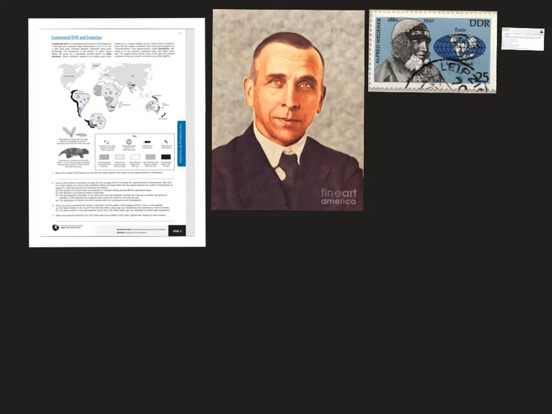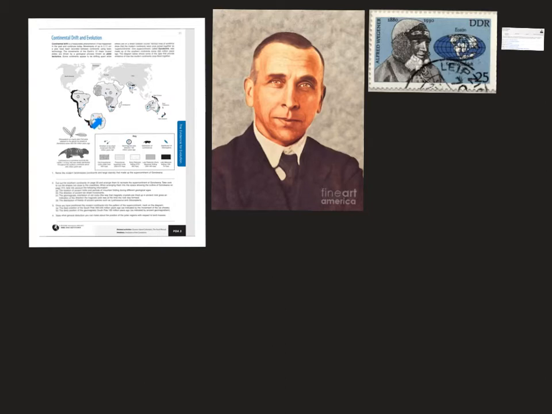Now, at the time, he was not a geologist, so the geologists really didn't take him seriously. But the botanists took him seriously, and they said his theory explained so much. It explained why the biodiversity on the various continents and the fossil records matched.